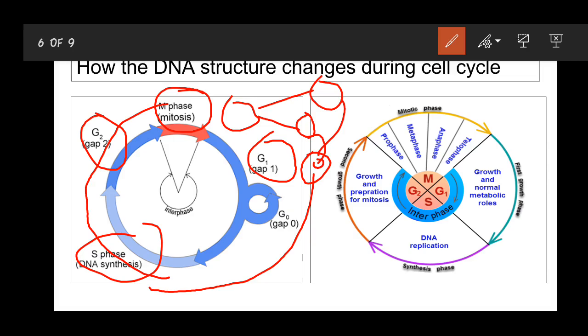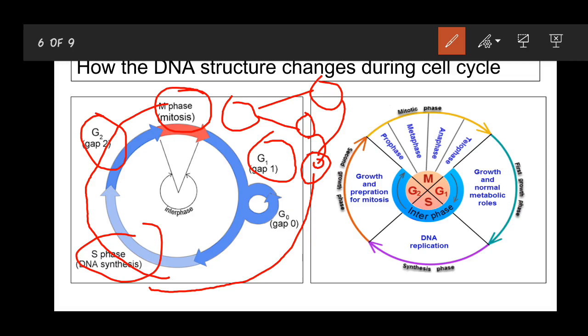So mind you, G0 is not a phase where the cell is dead. The cell is completely alive. The only difference from the cells which are taking part in the cell cycle is that they do not undergo any events of the cell cycle. That means they do not divide, and they do not produce extra proteins which would be required to be compartmentalized into two different cells.